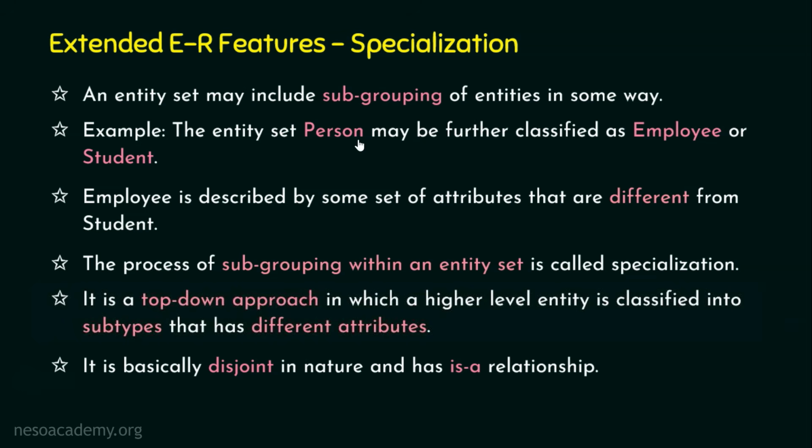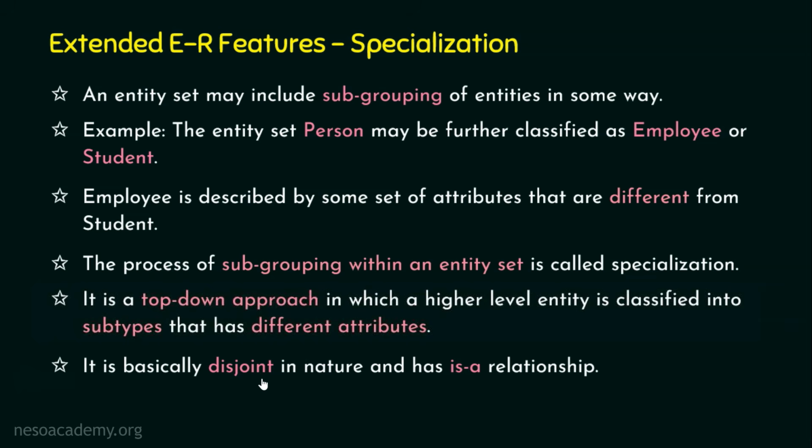So a person should be an employee or a student. There cannot be a situation where a person is neither employee nor student. That is why this is referred to as disjoint in nature. I hope this disjoint feature is clear for you.